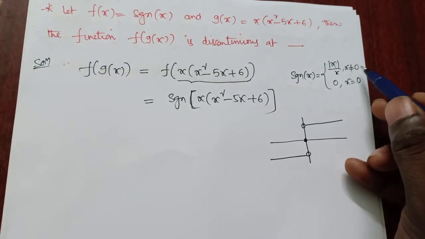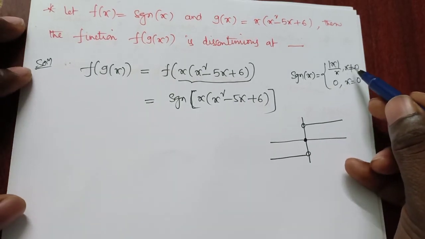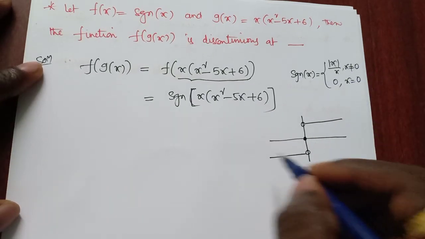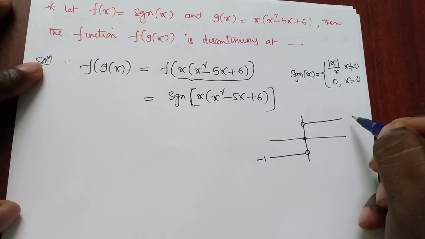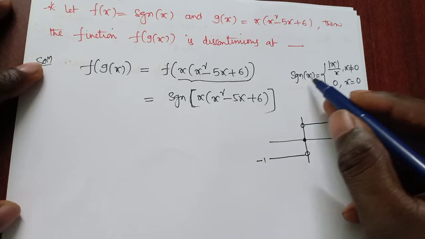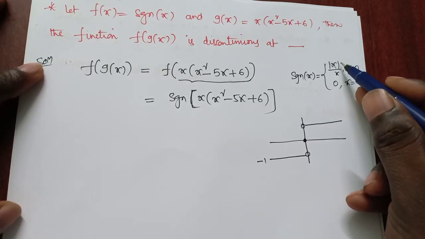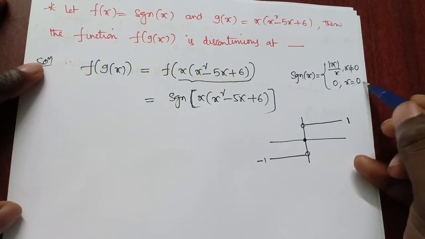If x value is on the negative side, the signum of x is minus 1. If x value is on the positive side, signum of x is mod x by x, which is x by x, which is 1. And if x equal to 0, it is 0.